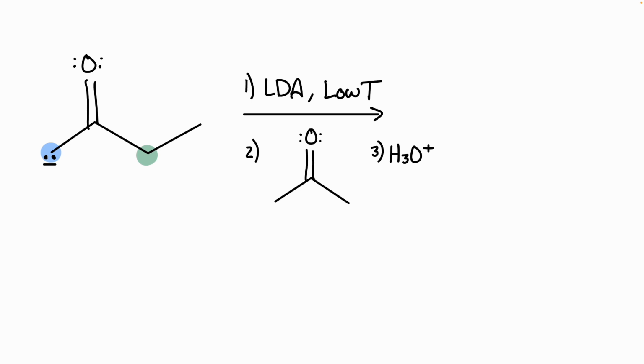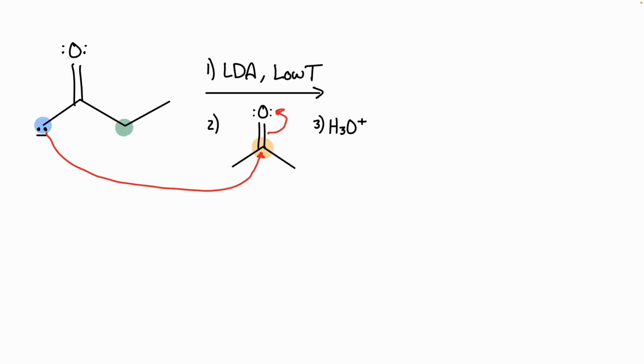Our alpha carbon is our nucleophile, so what's going to be our electrophile here? That carbonyl carbon. Right, so our nucleophile is going to attack our electrophile, and whenever that carbonyl carbon gets attacked, we kick that pair of electrons up onto that oxygen.